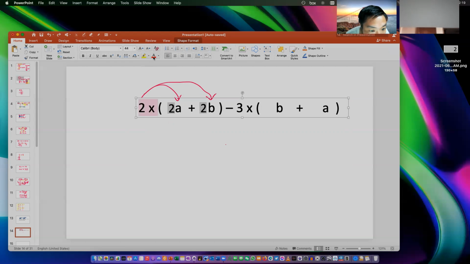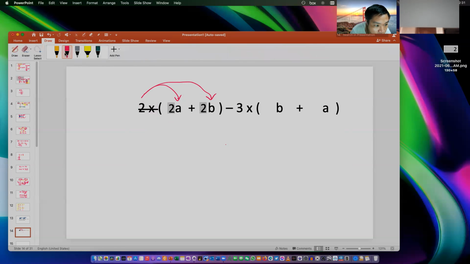This one, gone. Then now what you should be looking at is the second part. This one is the first arrow. This is the second arrow, right? So far, so good.